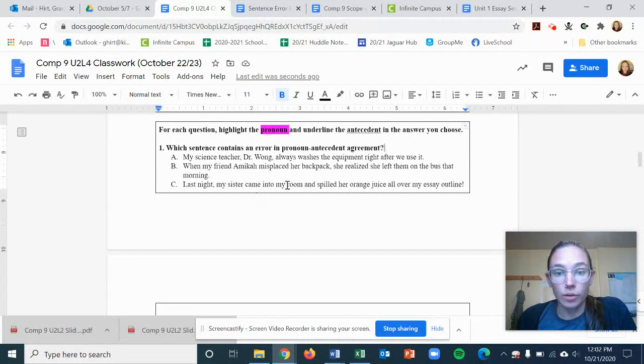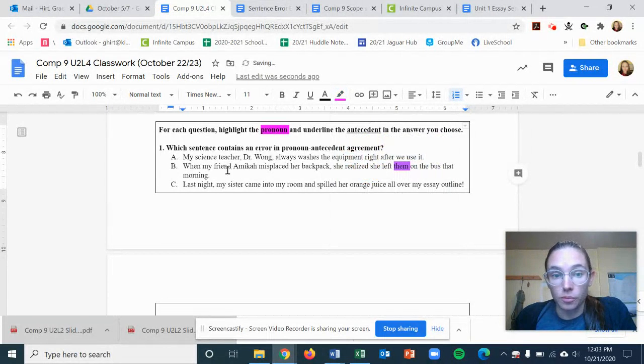Okay, so the answer to number 1 is B, because we see that we have these pronouns, she and them. She is fine because that's replacing Amika, the antecedent. But the issue where we have disagreement is where we see the word them. So highlight that pronoun.